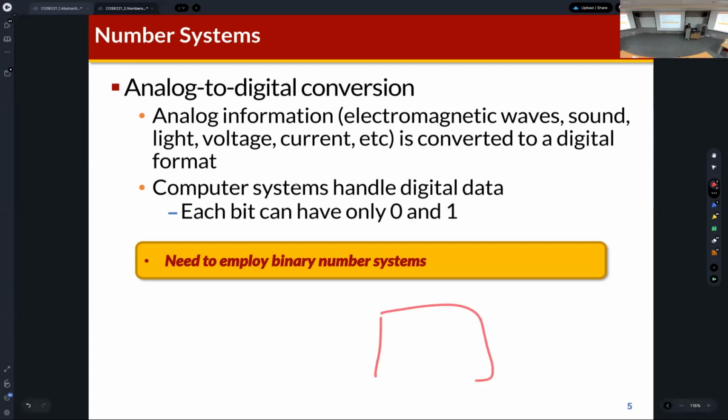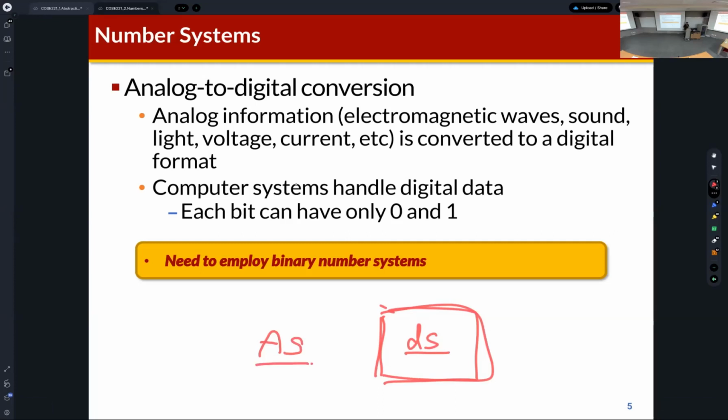So this is the digital system, but we live in the real world, the analog world, right? So outside of this digital system is the analog system.